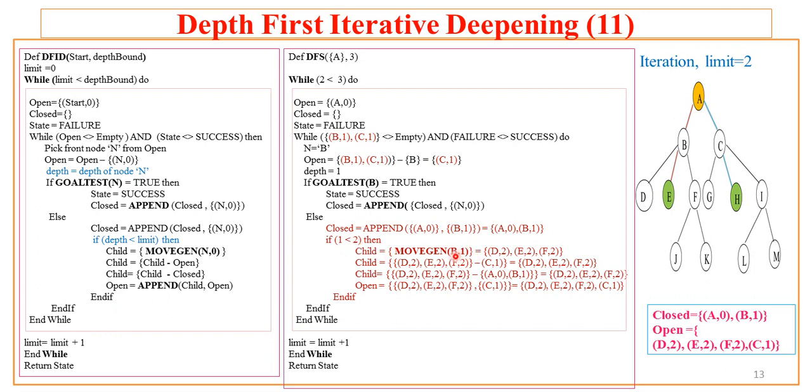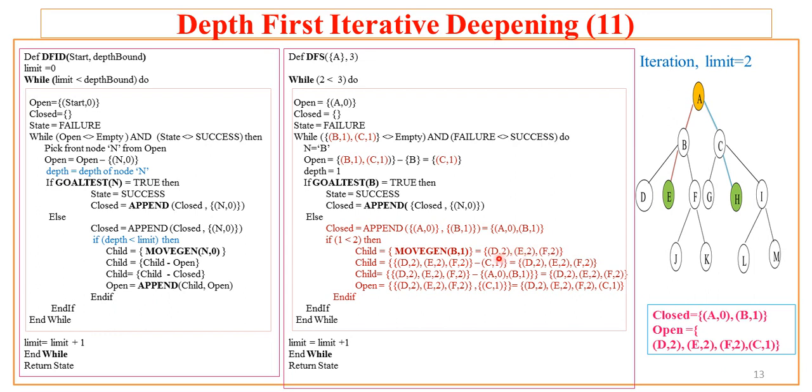Now what is moveGen for B? MoveGen will return the child nodes of B by adding 1 to the current depth value, because B is at level 1, so the children of B will be at the next level. Obviously D, E and F, being children of B, will have depth value 2. So this is returned.